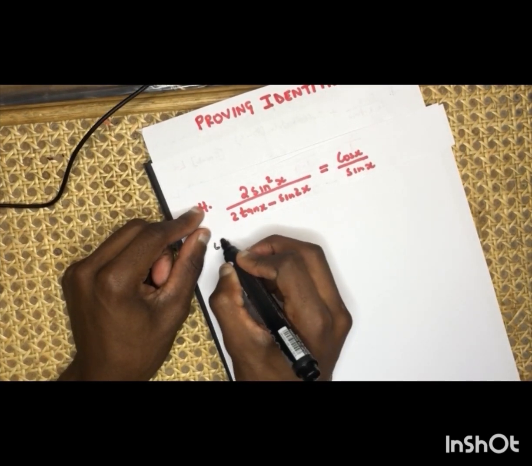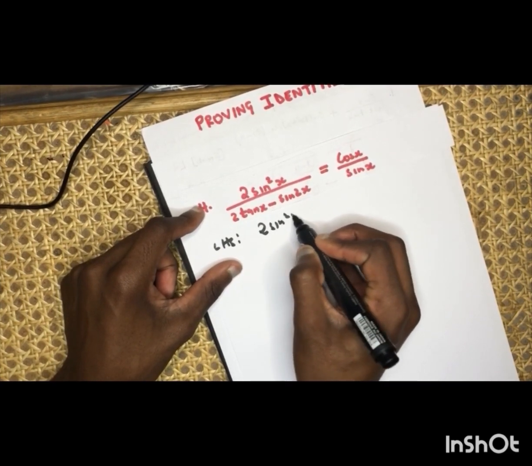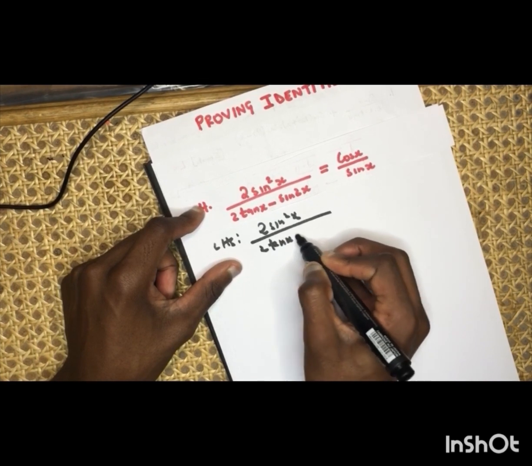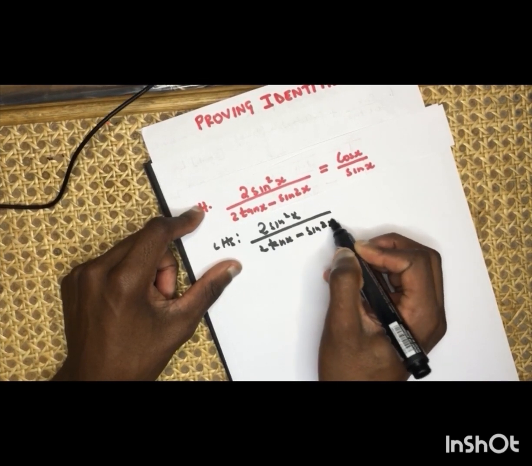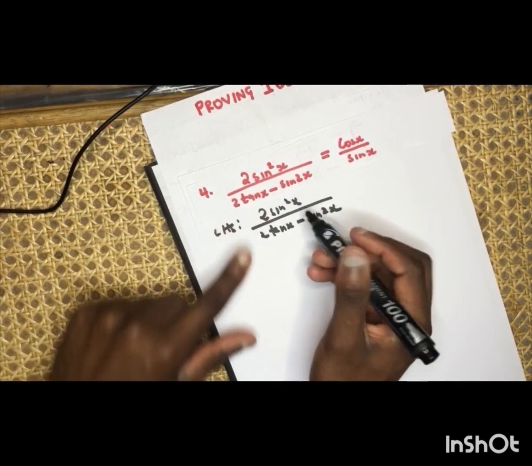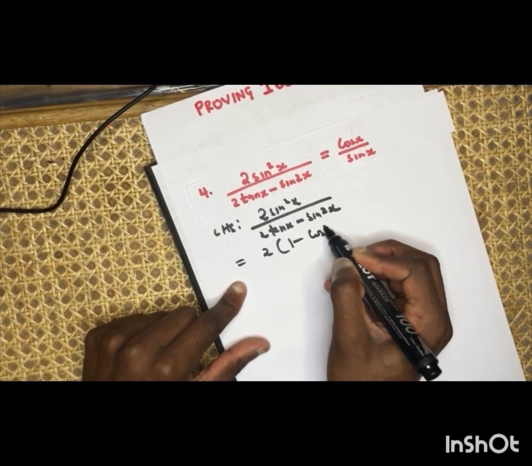So I'm going to take the left hand side. The left hand side, I have 2 sine squared x over 2 tan x minus sine 2x. I'm going to change this one using the square identity, which is 2 into 1 minus cos squared x.